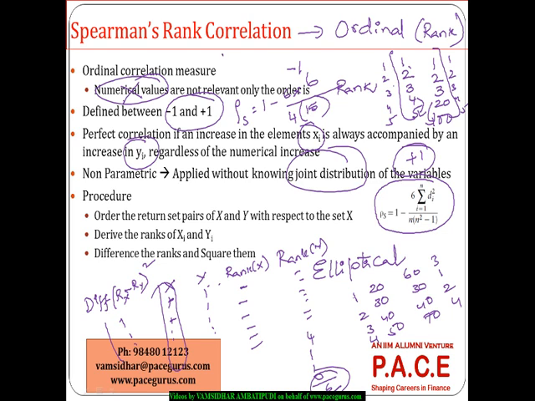So it all comes out to 1 minus 36 by 60. So this is 6 by 10, 0.6, and 1 minus 0.6 comes out to 0.4. So in this case, the rank correlation between these two is around 0.4. This is the way we can work out Spearman's rank correlation coefficient.